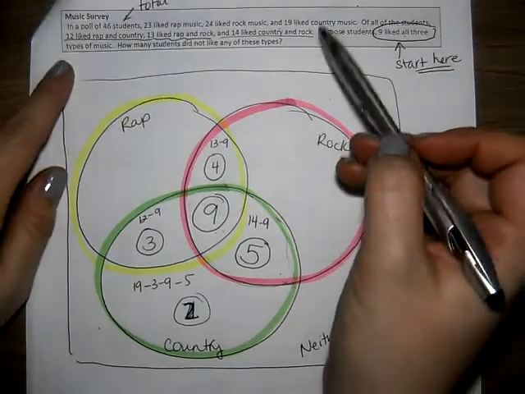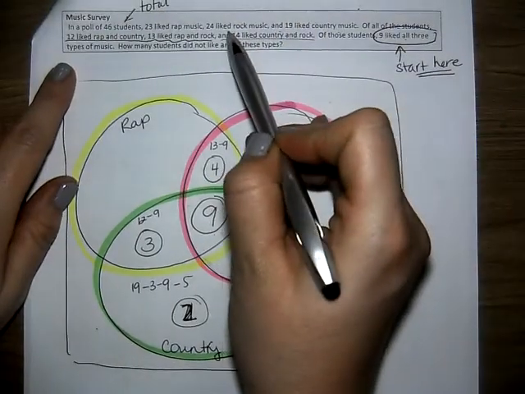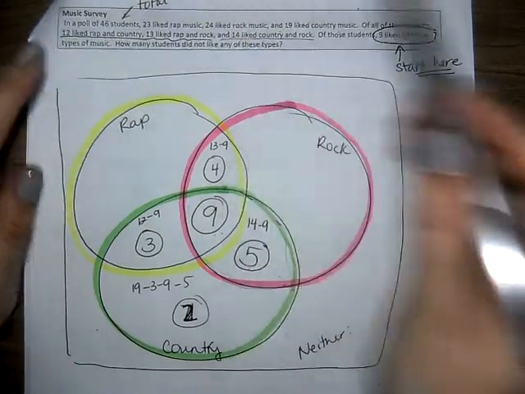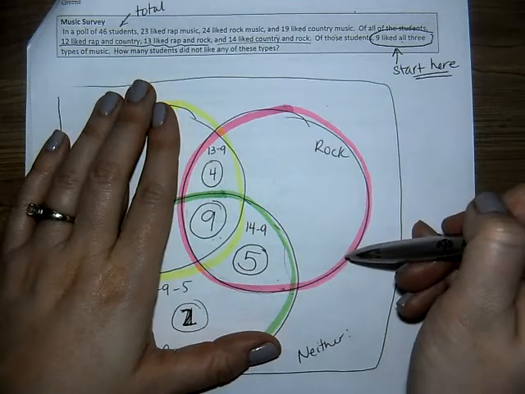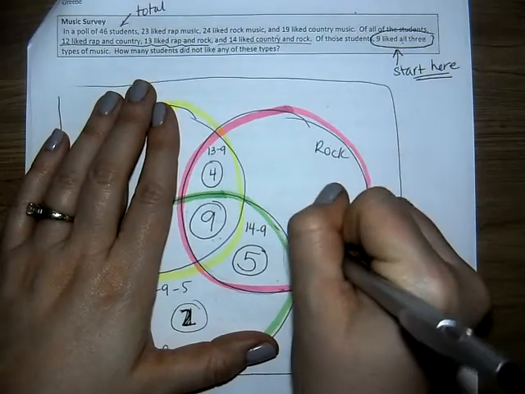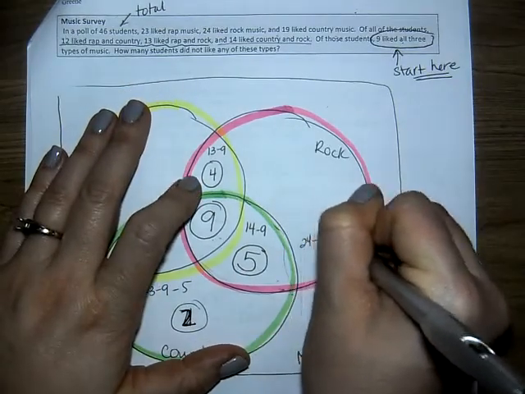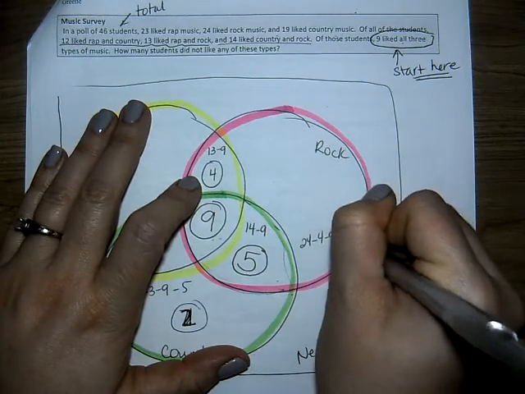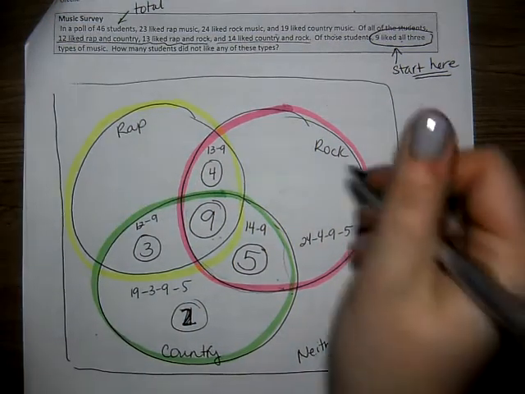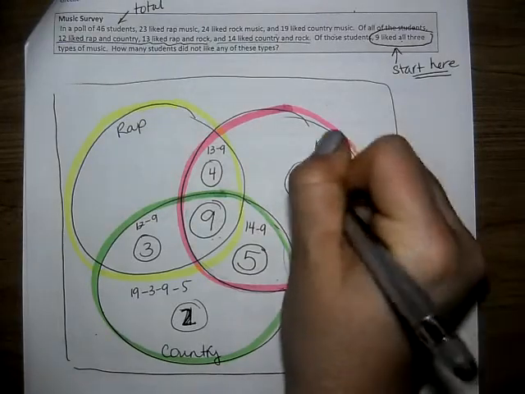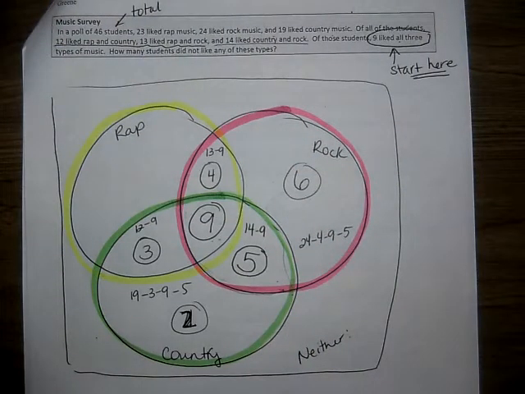Okay, let's look at the next piece of information. 24 liked rock music. So within my pink rock circle, I have to have 24 accounted for. So I have 24 minus the 4, minus the 9, minus the 5. I think that gives me 6 left over. So 6 people just like rock.